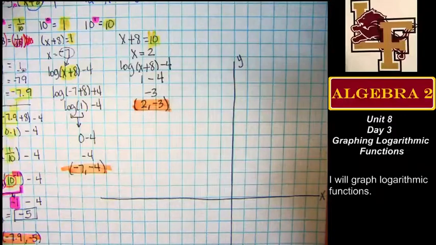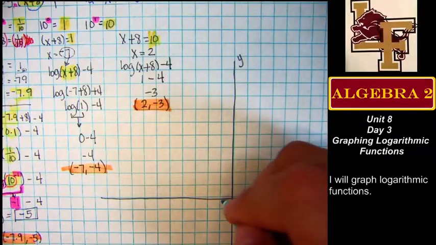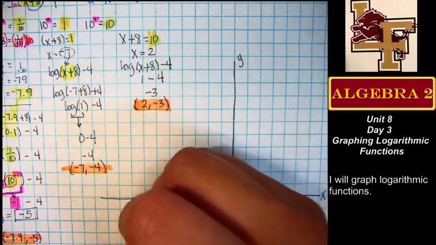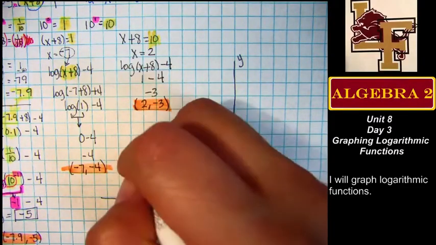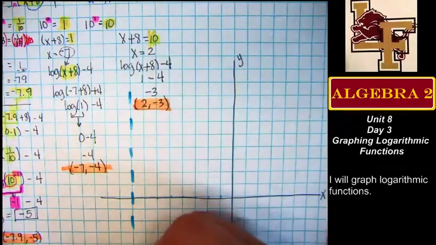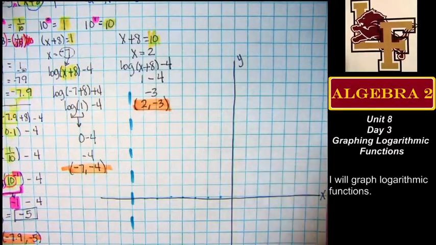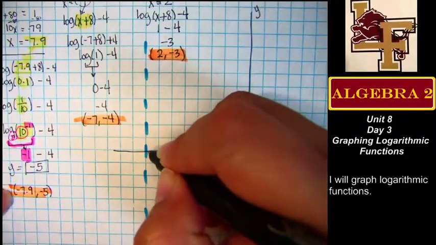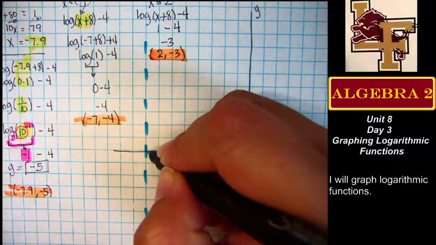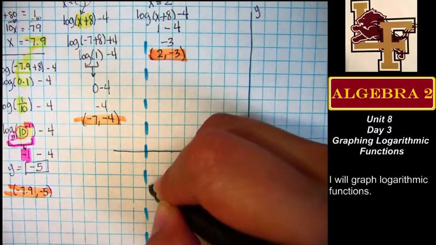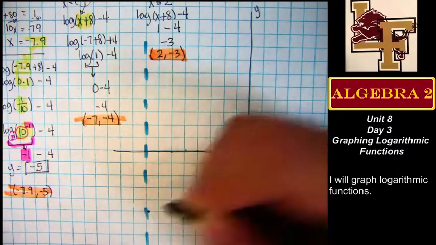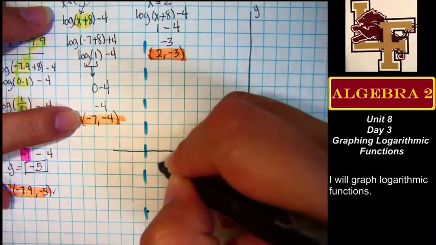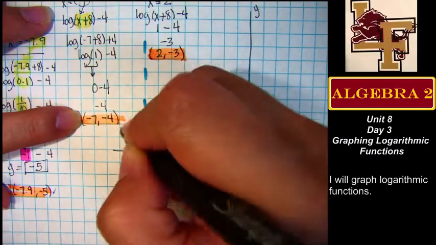I'm going to count by ones. 1, 2, 3, 4, 5, 6, 7, 8. So here's my vertical asymptote. All right. My first point is at -7.9, which is really close to -8. And I'm at -5 with that. 1, 2, 3, 4, 5. So there, I graph this one. At -7, I'm at -4. 1, 2, 3, 4. I graph that one.